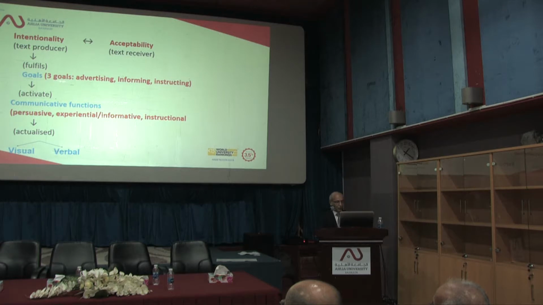There are three main goals that we have identified in the text corpus: advertising, informing, instructing how to use, including advising and warning. Each of these goals activates a communicative language function. Out of the three, the most prominent goal is the use of the label as an advertising tool for the product.